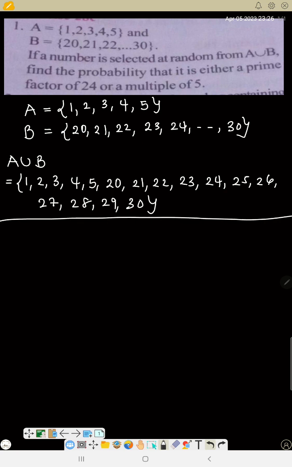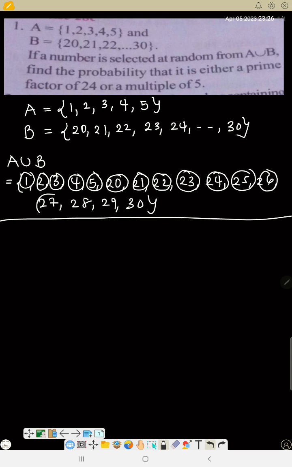Now find the probability that it is either a prime factor of 24 or a multiple of 5. Remember, probability is number of items over total outcome. So the total outcome here is to count all the numbers in A union B. That is 1, 2, 3, up to 16.